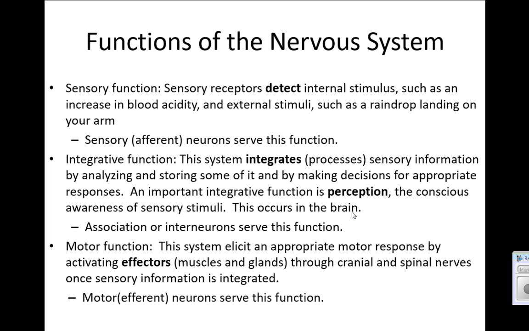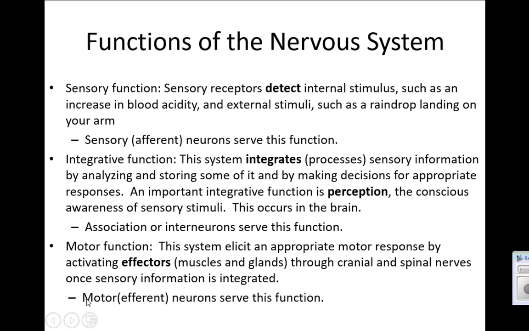Okay. Now, our spinal cord can be our integrating center in some cases, performing this integrative function. But most of the time, it's our brain. The type of neurons that make up our brain and our spinal cord primarily are called association or interneurons. Okay. I prefer interneurons. You'll see why in a little bit. Okay, but interneurons perform the integrative function, which is nice because they both begin with INT.